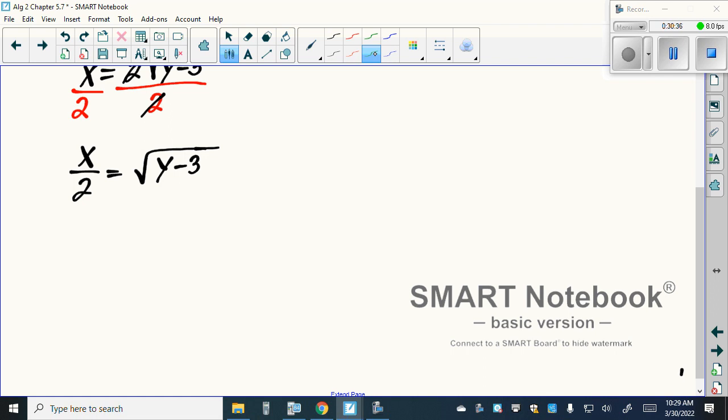Now, what's the next thing we need to simplify or get rid of? The square root. And we can get rid of a square root by squaring both sides. And if we square both sides, the square root and square would cancel, telling us that we got y minus 3.